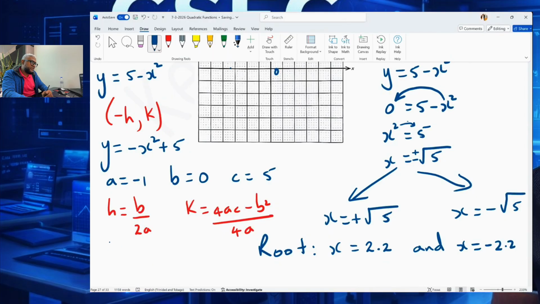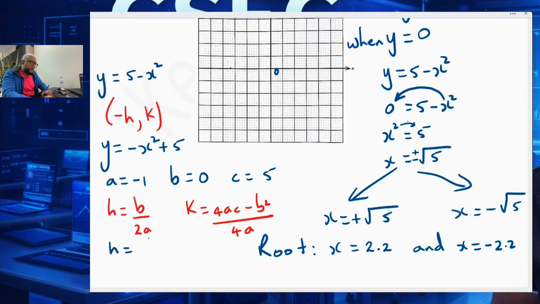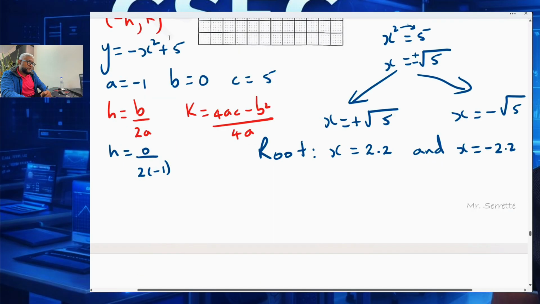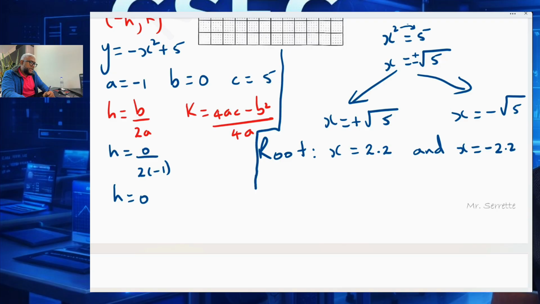So H will be equal to B, which is 0, over 2 by negative 1. 0 divided by anything would give me 0. So H is equal to 0. And K would be equal to 4 by negative 1 by 5 minus 0 squared, all over 4 by negative 1.